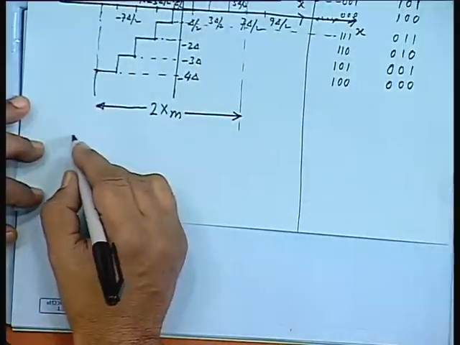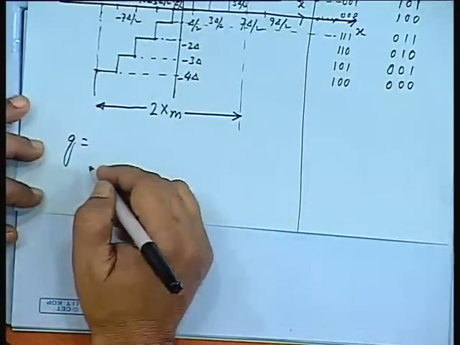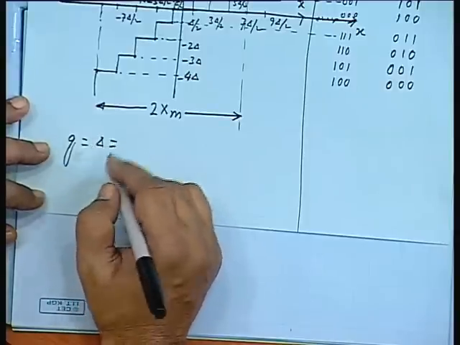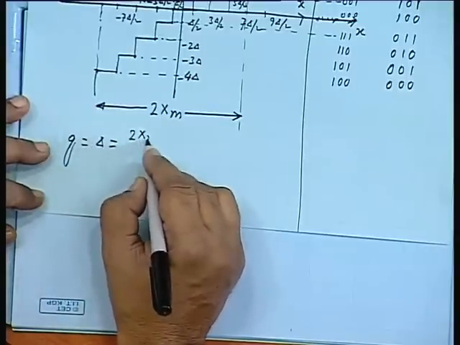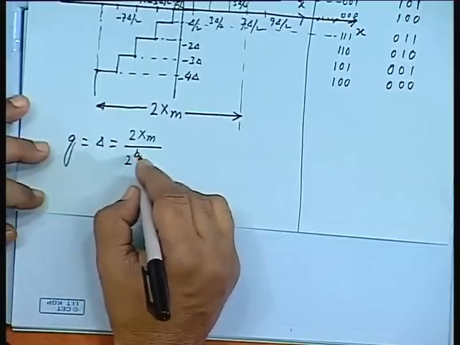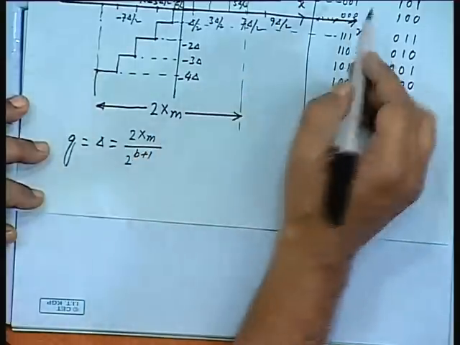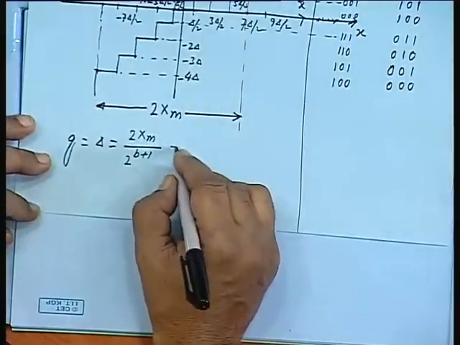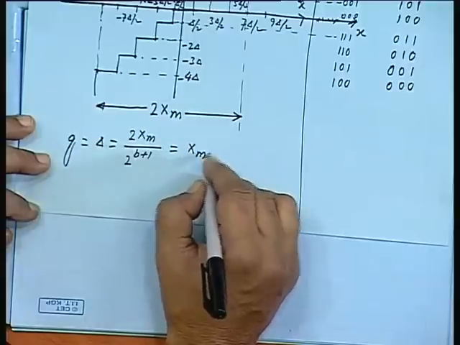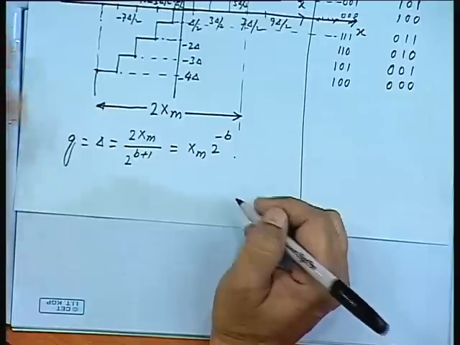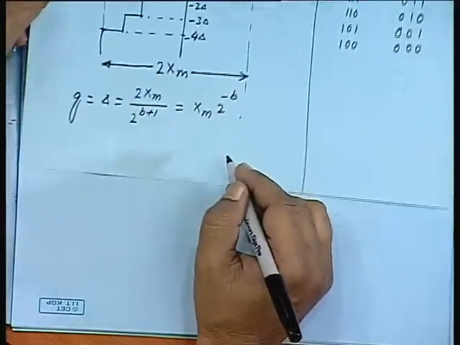So, the quantization level, that is delta, is twice xm divided by 2 to the power b plus 1. B plus 1 is the code length total. So, that will be xm 2 to the power minus b. This is the value of delta.